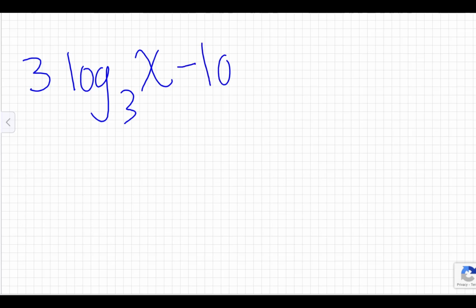Now we're going to try a different one. We're going to do 3 log base 3 of x minus log base 3 of y. Okay, what can we see here already that we can probably use?